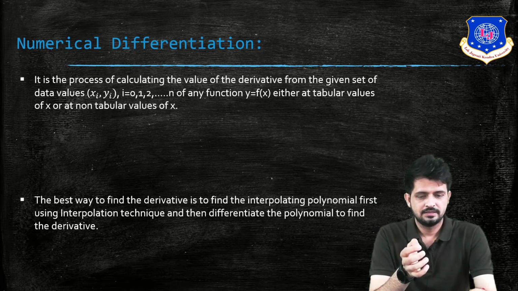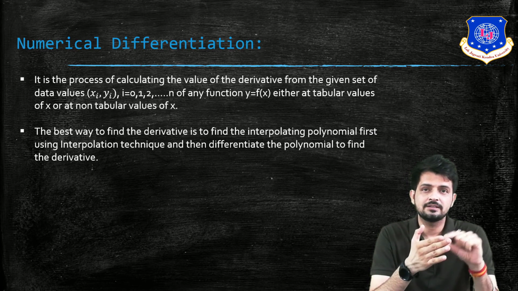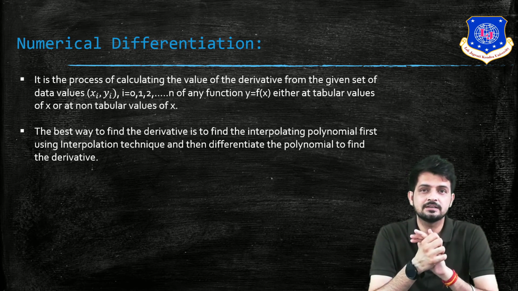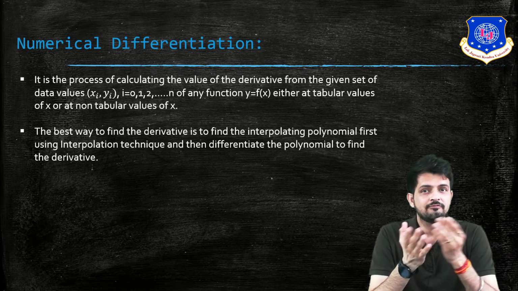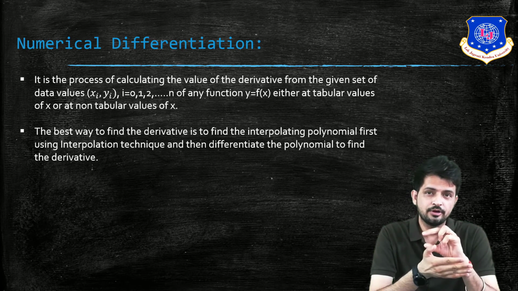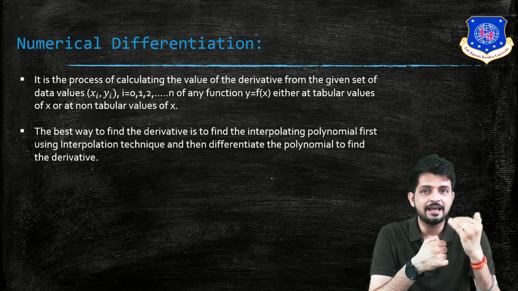Which is the best way to find the derivative? The best way is to first of all find the interpolating polynomial. If you remember, we were finding the interpolating polynomial with the help of Newton's forward and Newton's backward. So first we find the interpolating polynomial and then take the derivative.